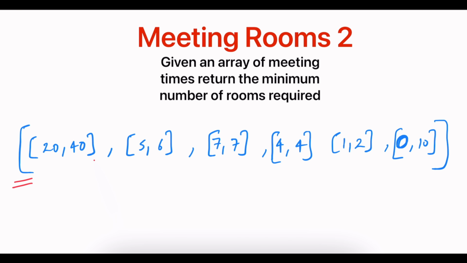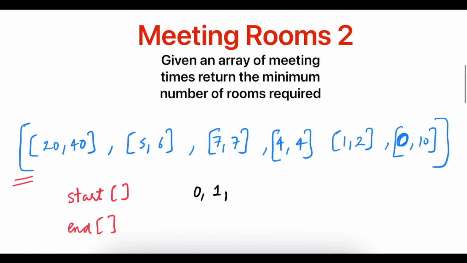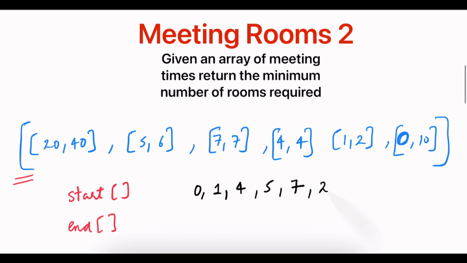In this example, the meetings are not sorted by start times, so we are going to need some sorting. So let's create 2 different arrays. The first array is of start times and the second array is of end times, and both of them are going to be sorted. The start array is going to look something like 0, 1, 4, 5, 7 and then 20.